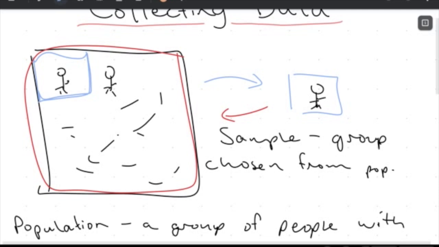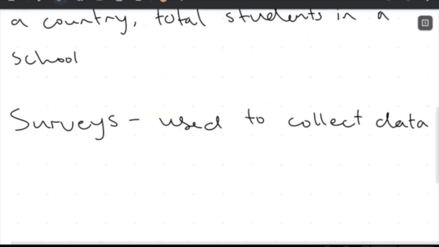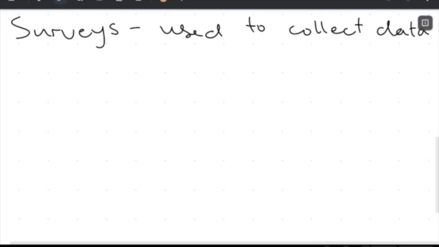So let's look at an example of this, because the idea of surveying and sampling is a bit of a double-edged sword. In one sense, it's good because a small bit of information can inform a larger group, but it can also be a little bit problematic. So let's look at an example here.